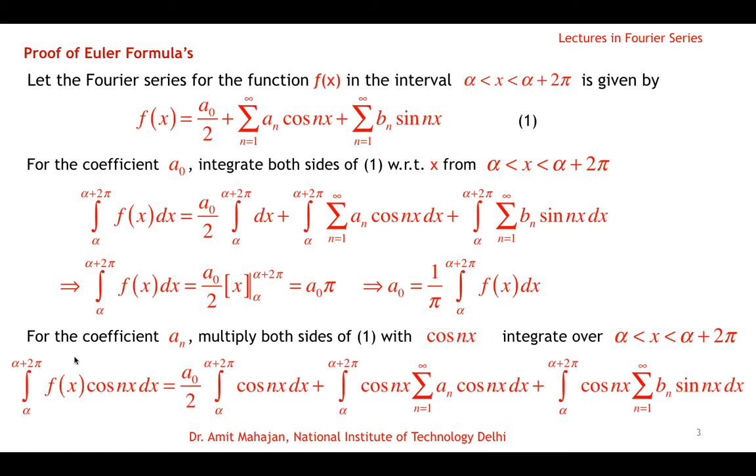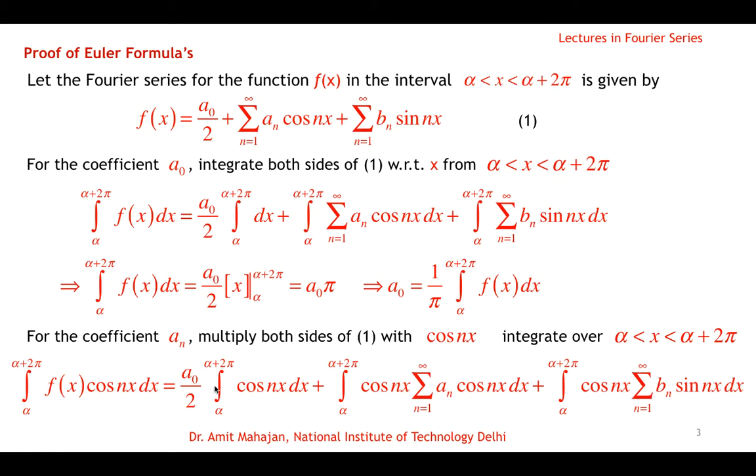The left hand side is this function times cos nx dx, which equals a naught by 2 times the integral of cos nx into 1, plus the integral of cos nx into the summation of this, and plus the integral of cos nx into this summation.